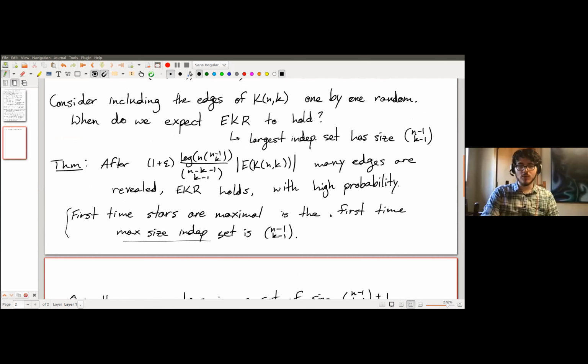This is the first thing that we came up with, but really the second part is what's driving it. This calculation is just, after this many edges, you expect your stars to be maximal. So it's really the hitting time statement that is giving you a much more precise bound.